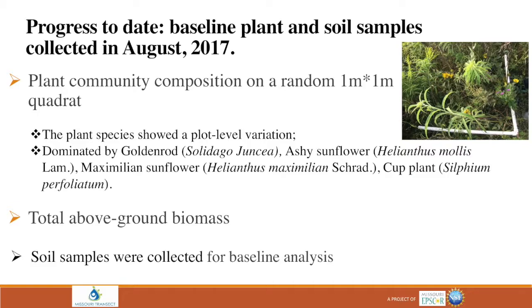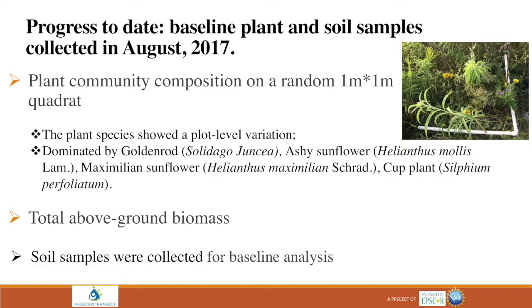We also looked at total background biomass with a 10 centimeter transect at each plot. The soil samples were collected for baseline analysis, including physical, chemical, and biological properties.